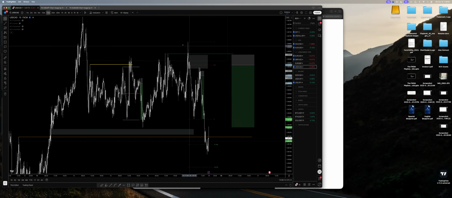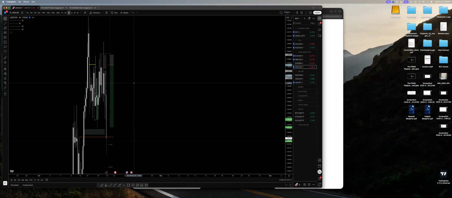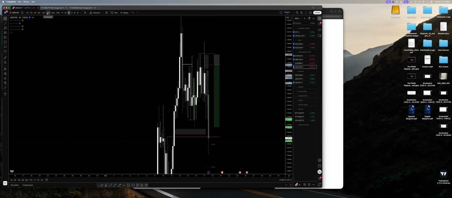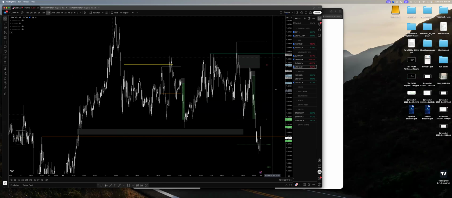Once again, there's a common trend with POIs, right? Here, that being the external H4 POI, but then internally there are also more POIs, right?